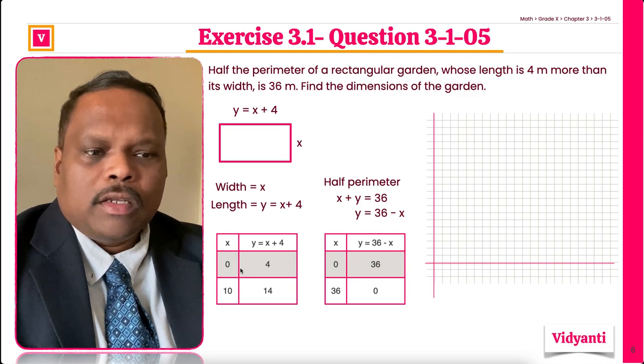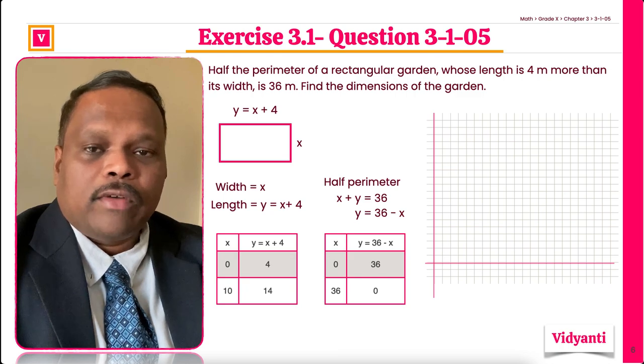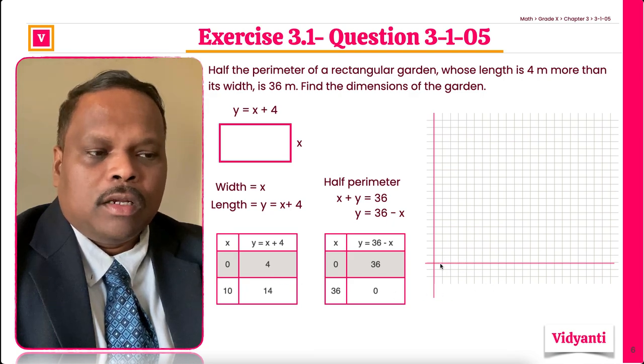I want to plot (0, 4). The first coordinate is x, 0. That means I don't have to travel anything along the x-axis. I have to travel 4 along the y-axis. But remember, 1 square is like 2 units, so I have to go only 2 squares to represent a distance of 4 units.